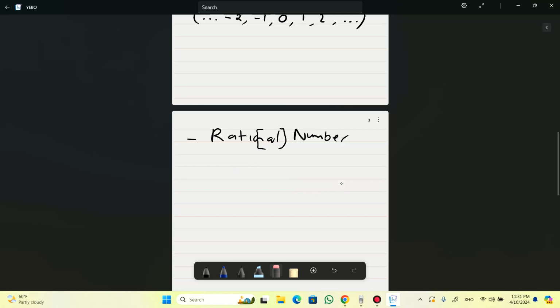I've explained it more in depth now, right? So now let us talk about the opposite of the rational, which is the irrational number.